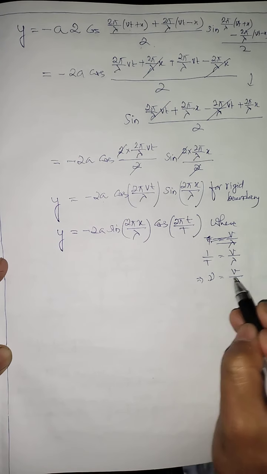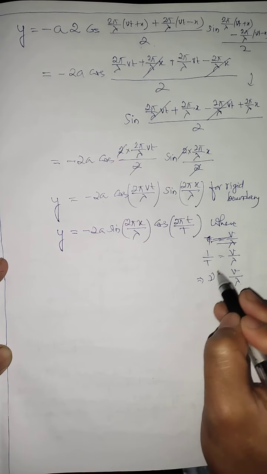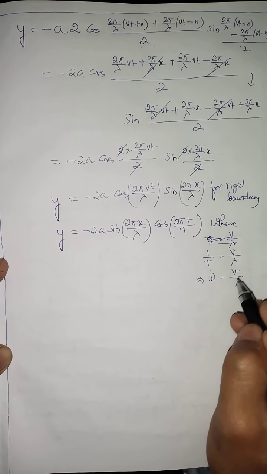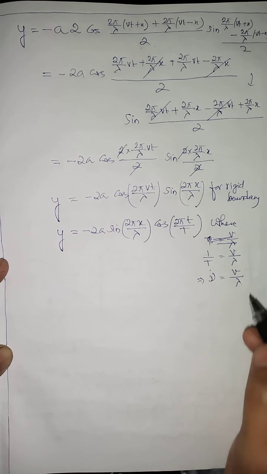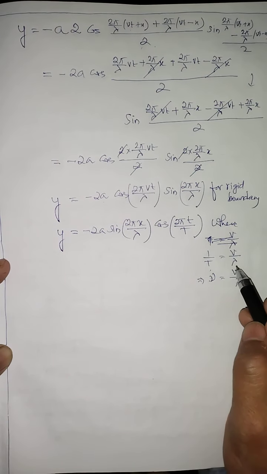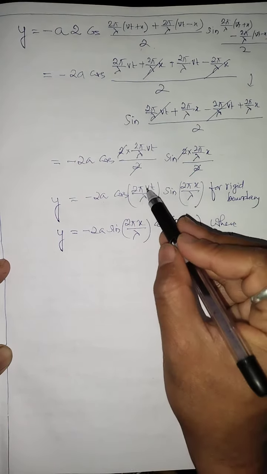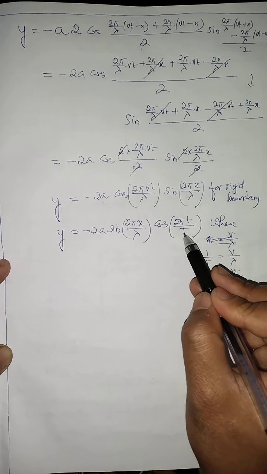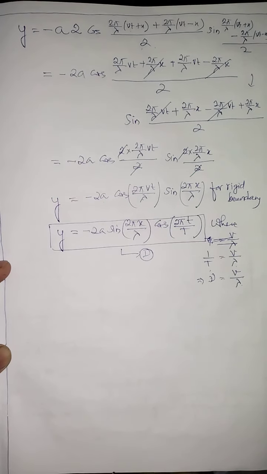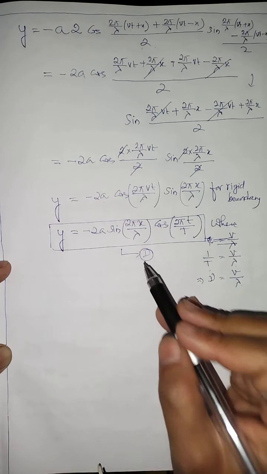So frequency means speed by wavelength, and frequency is 1 by T. So this b by lambda I replace by 1 by T. That's why it is cos 2 pi t by capital T. And I'll give this as equation number 1.